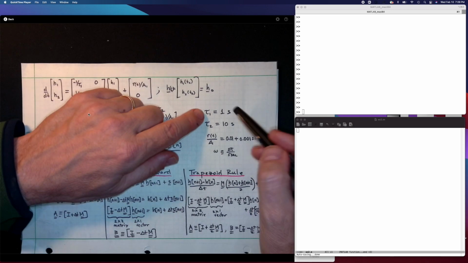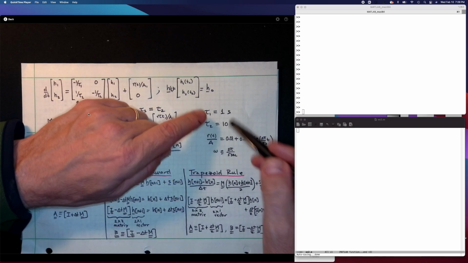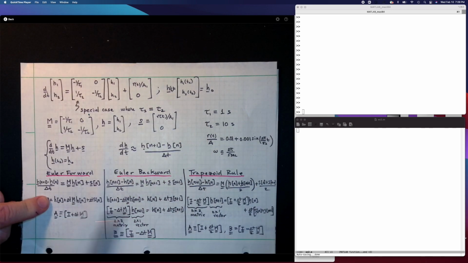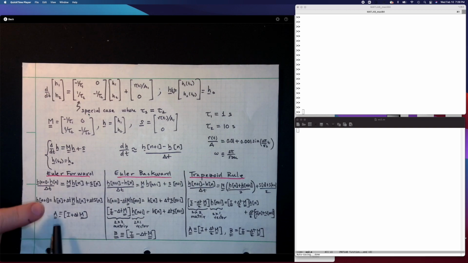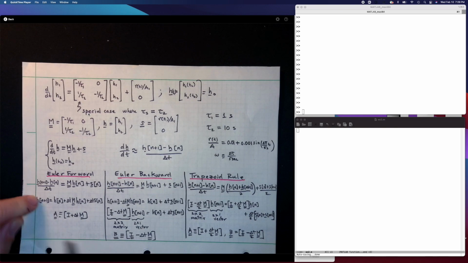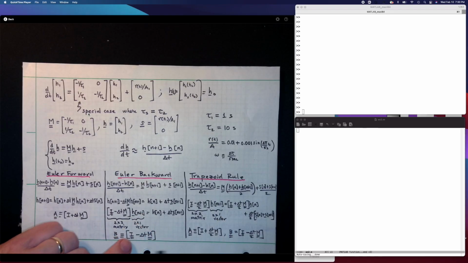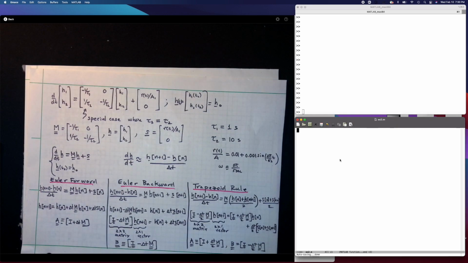The relative size of these time scales is going to become relevant in how well these schemes do, mostly the Euler forward, which is an explicit scheme, versus these two schemes. These ones are implicit schemes in that you have to solve the linear system at every time step. Okay, so let's go to the computer and define my variables.